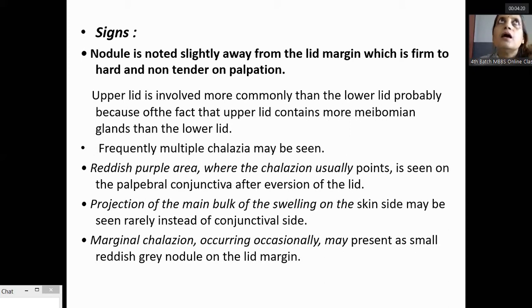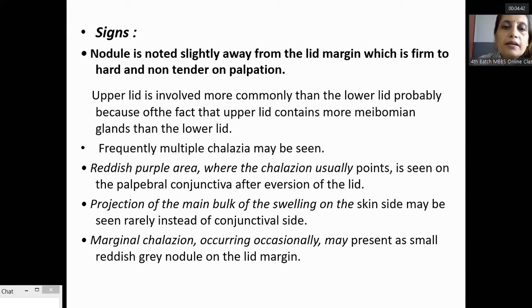Many people say that it is recurrent, but it cannot be recurrent. The site of another meibomian gland can again be blocked, resulting in a new Chalazion formation. As the number of glands is large, there can be multiple Chalazia.